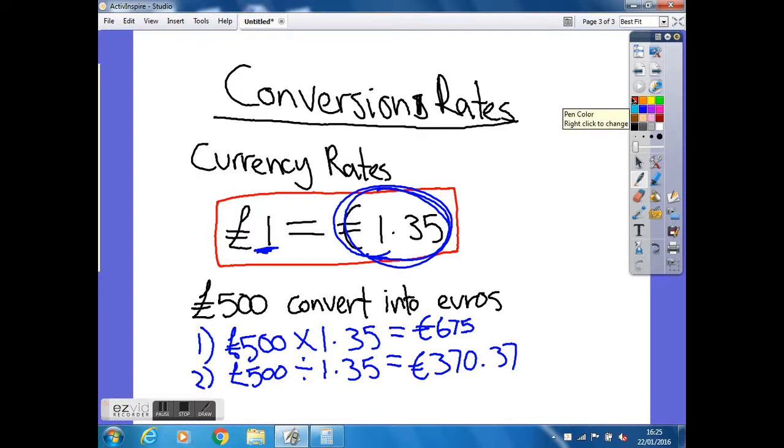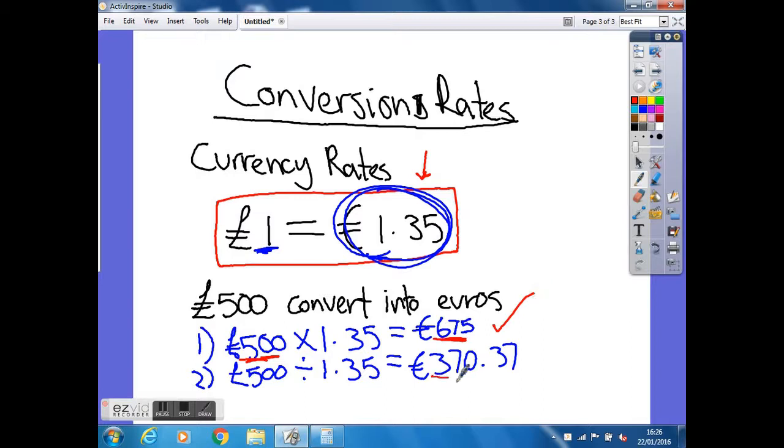So we've got 2 answers now, but only one of them can be correct. The reason I've said to do both ways to check is if we go back to our original rate, what this is telling us in essence is that euros are always going to be a higher value than pounds. So our answers need to fit with that. In the first one, euros are indeed a higher value than pounds, so that's going to be the correct way to do it.